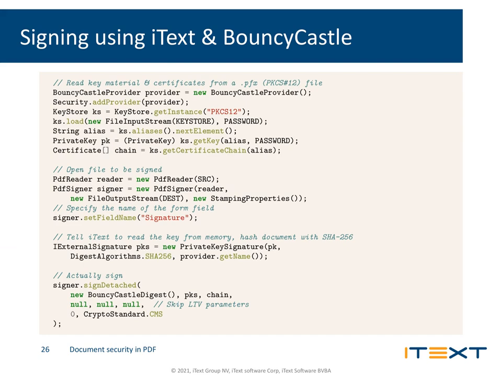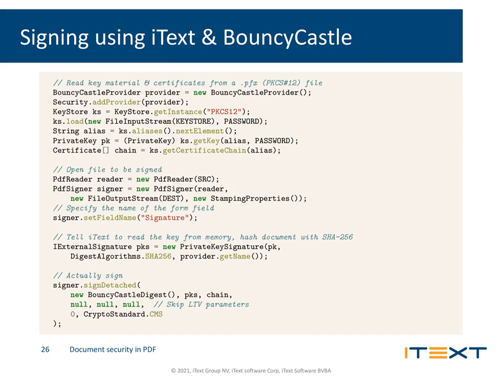Then I want to open a file for reading. In this case, I'm opening a PDF reader on the source document. I'm then attaching a PDF signer to that. So I'm not working with a usual PDF writer here. There is a reason for that I'll come back to in a moment.